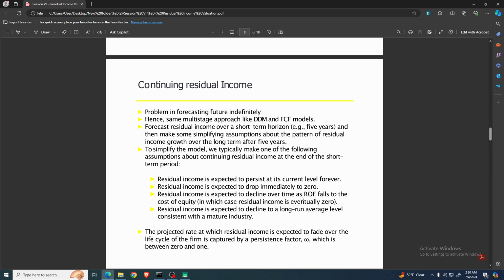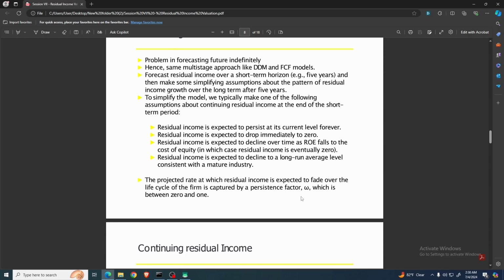And to simplify the application of these multi-stage models, we came into several assumptions, one or more of which can be used. First one is residual income is expected to persist at its current level forever, indefinitely. Second one is residual income is expected to drop immediately to zero. Both of them are quite conservative, easy to calculate, but not really easy to replicate in the actual world.